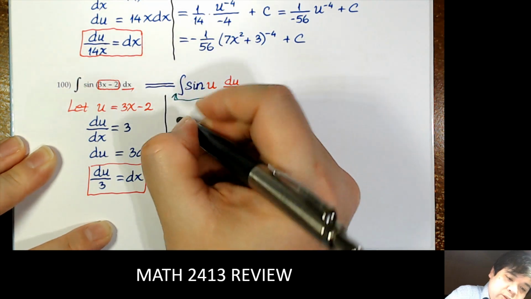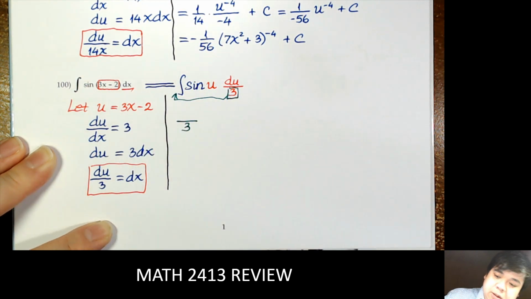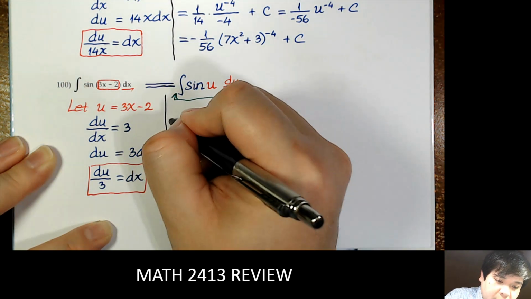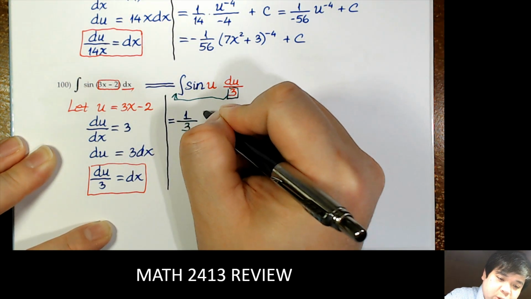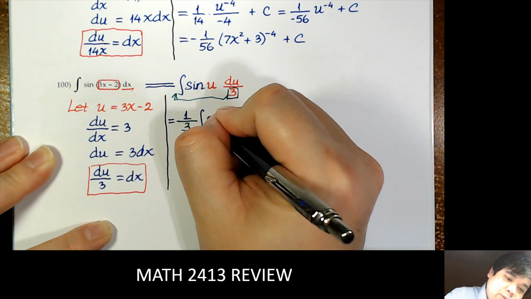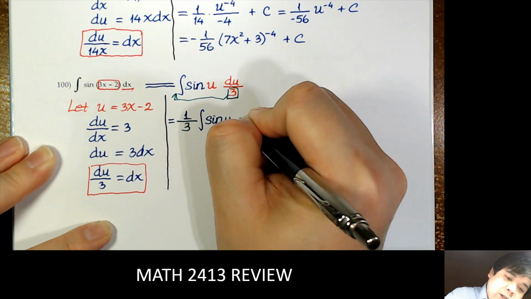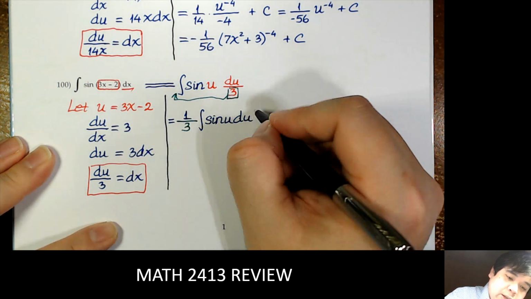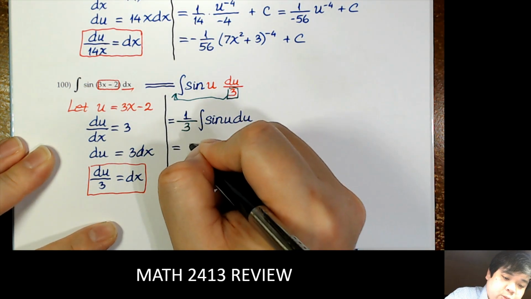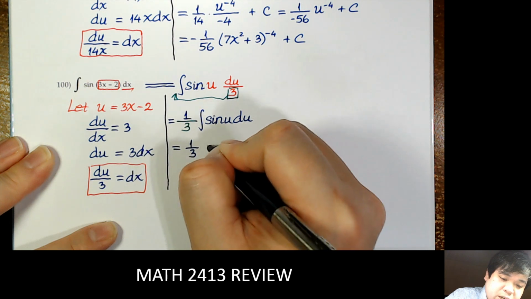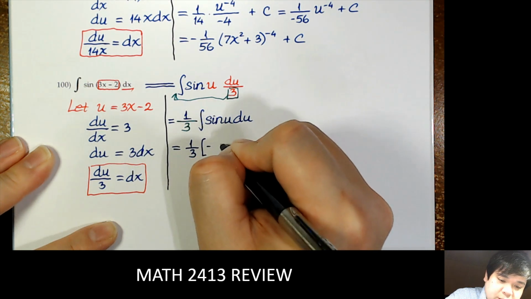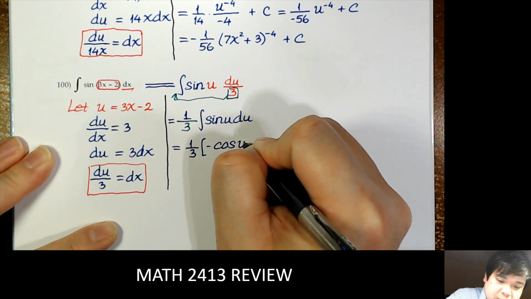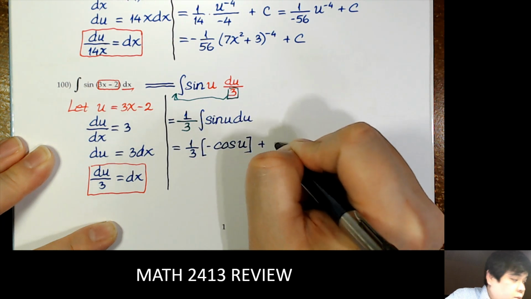Stay at the bottom though. One over 3 sine of u du, and then the integral of sine u is negative cosine u plus c.